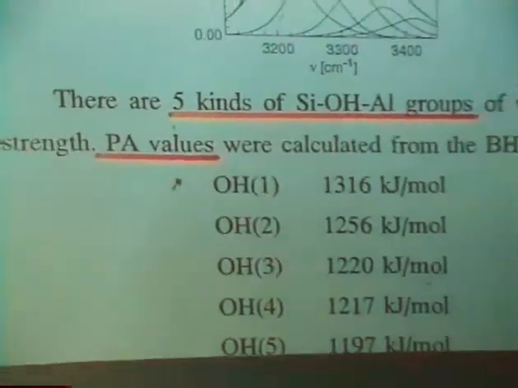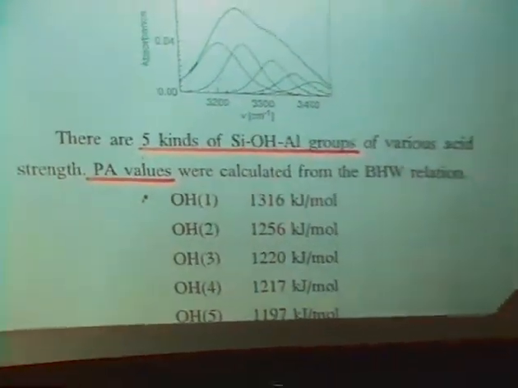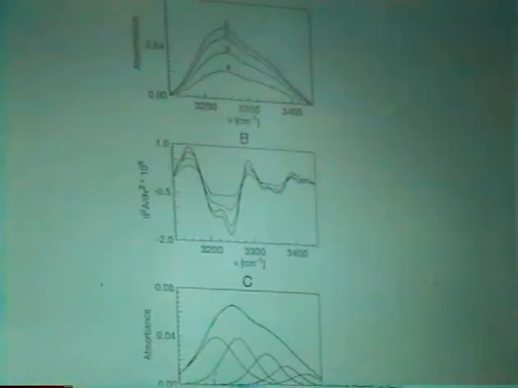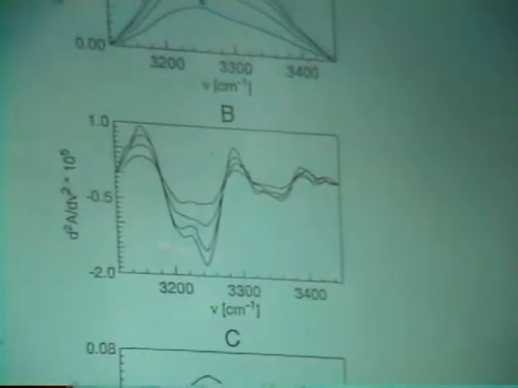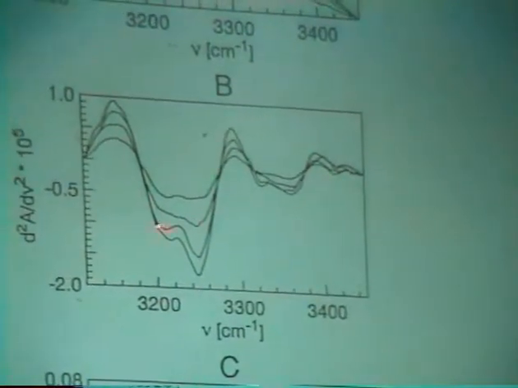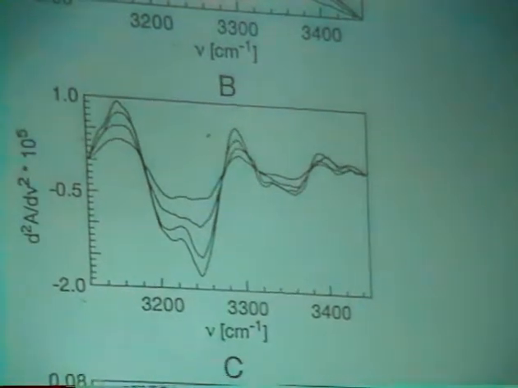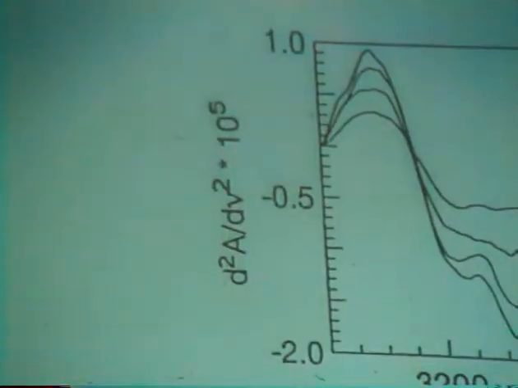So we see that the band is asymmetric and composed of a few submaxima. This is the second derivative diagram. We see 1, 2, 3, 4, and 5 minima in the second derivative diagram, suggesting that we have 5 submaxima. This is the result of band decomposition.